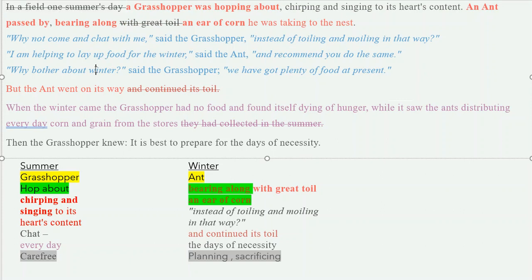a bad text didn't have to have those words in it, but a good text must have those words for us to understand the weight of sacrifice. Great toil, it's a summer's day, sweaty, difficult. An ear of corn is heavy, but it's twice as heavy in summer.